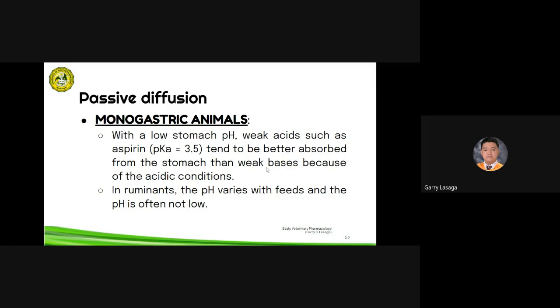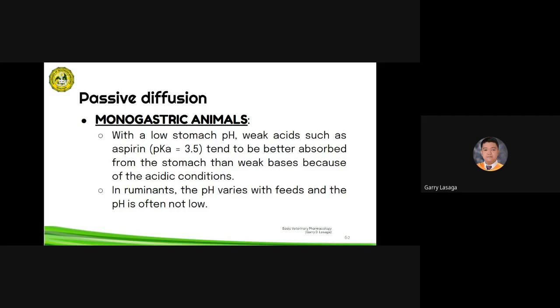For weak bases, they will not be able to be absorbed in the stomach because of their percent ionization. So the ionized form of the drug will predominate.